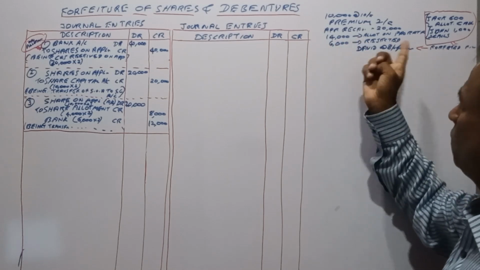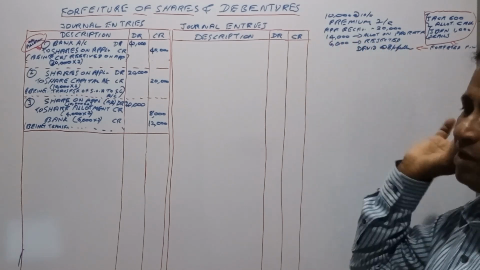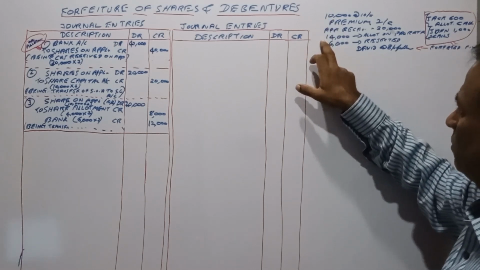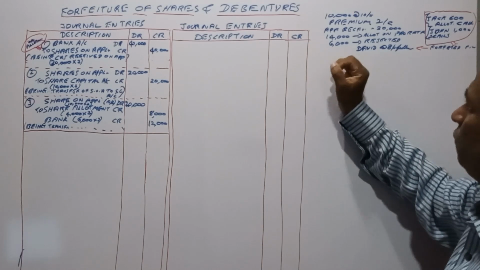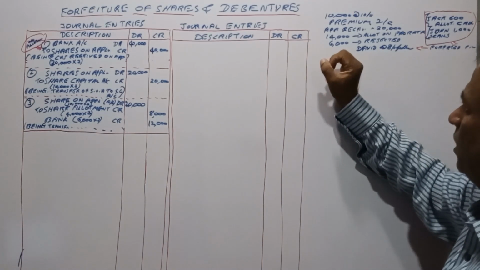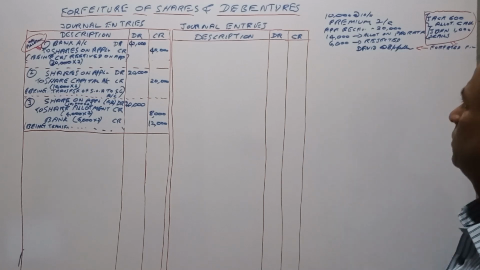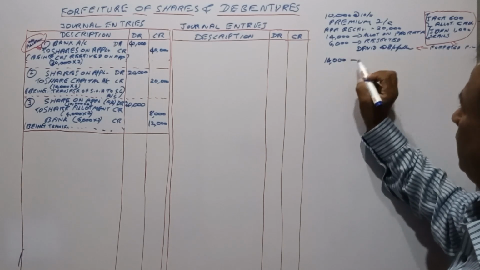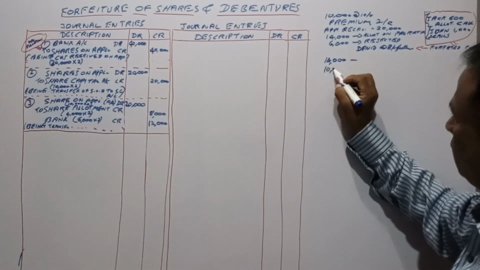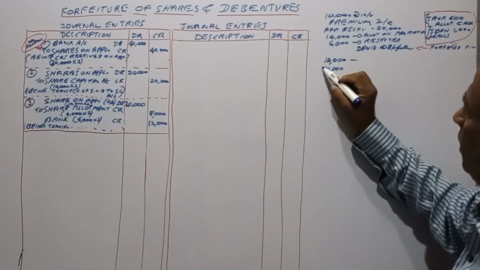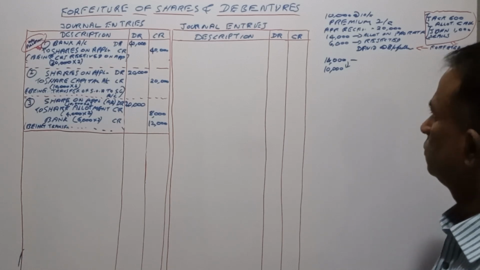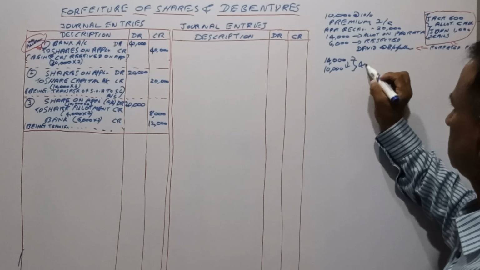At the allotment level they have transferred the excess money. The excess is 14,000 we decided to accept, but only 10,000 we can issue, then the balance is 4,000, right? Out of 14,000 we decided to allocate, 10,000 shares go among the 14,000 applicants. So 4,000 is excess.